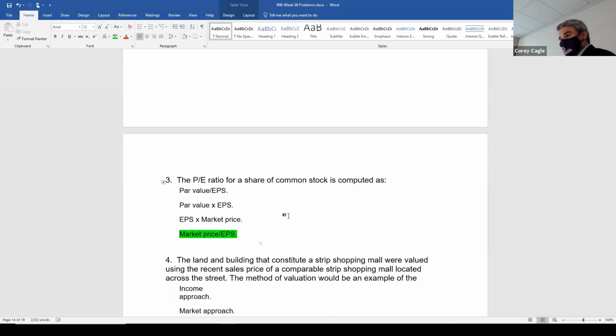You're earning this per share. The market thinks you're worth this per share. So the market's considering all kinds of things beyond earnings. They're considering what's the potential for your company in the future and all this. So higher price earnings ratio, better. It's a good idea of how the market perceives you.